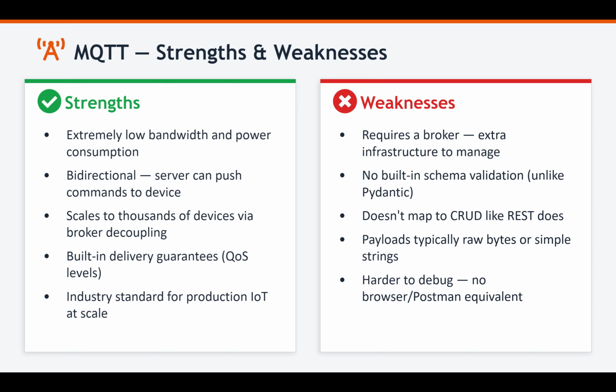But with MQTT, the message already comes in. Whether you want to validate against Pydantic is up to you, and if you do, it's not going to stop it from coming in. It will come in, and then you validate it, and if it's wrong, it's just wrong. Not necessarily displaying garbage, it depends on how you write your code. But the data will come in, and whether it's valid or not, it will still come in.